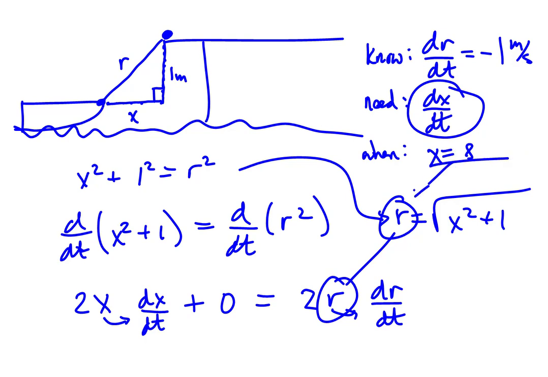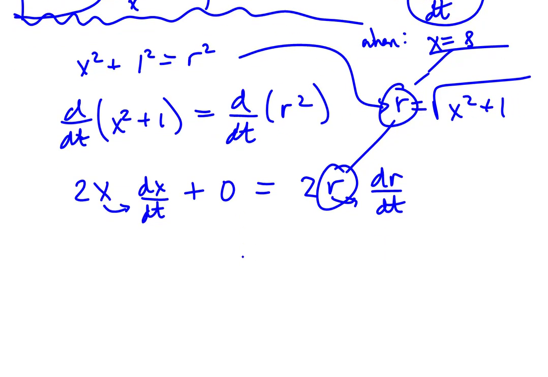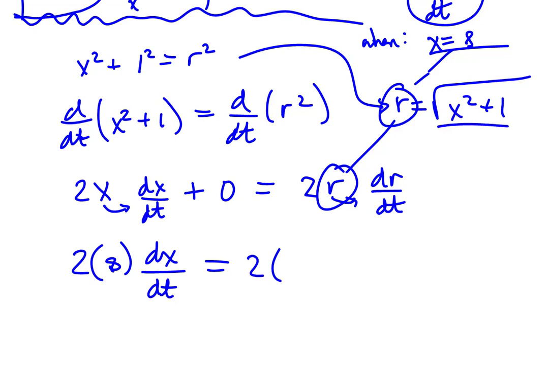It'll all kind of fit together in that way, which means we can actually solve for dx dt, which is what we need. Let's take this a step further now and recopy the 2. Instead of x, we're going to put 8. dx dt is what we need, so I'm going to leave that there. The 0 you can ignore now. And then we'll say 2 times r, but instead of r, we're going to plug in 8 for this x value into the explicit r equation we have.